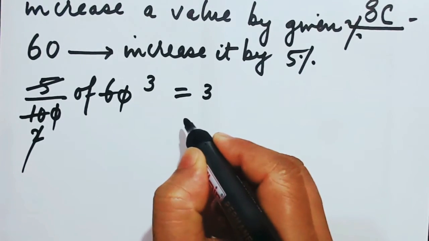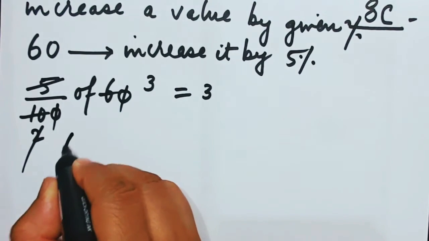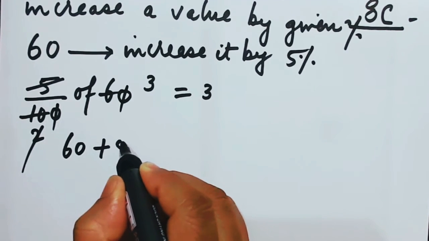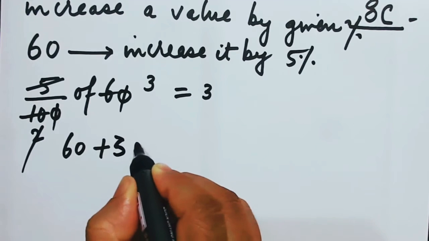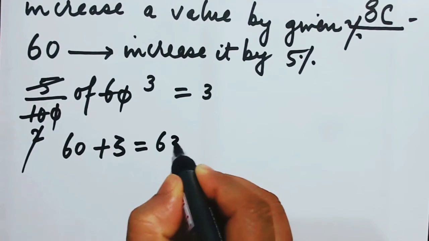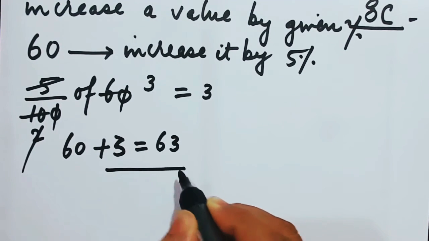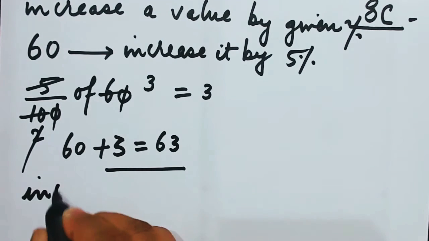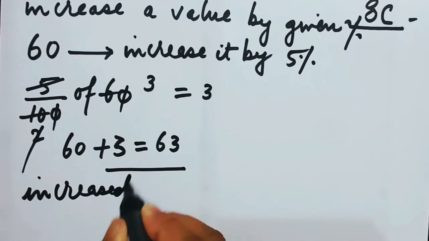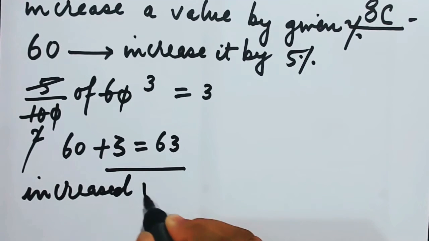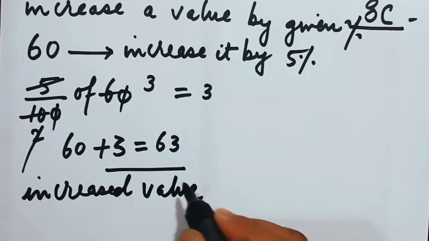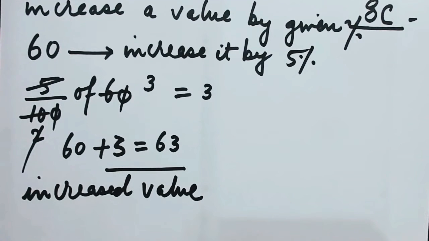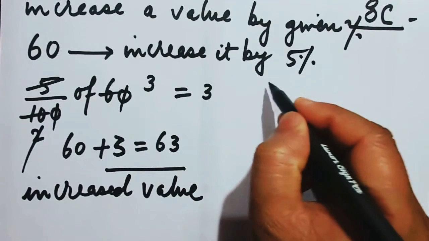Your next step is to add 60 to this 5% increase, which is 3, to get 63 as your increased value. This was the traditional method, the old method.